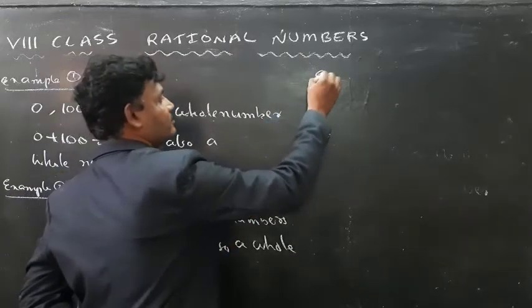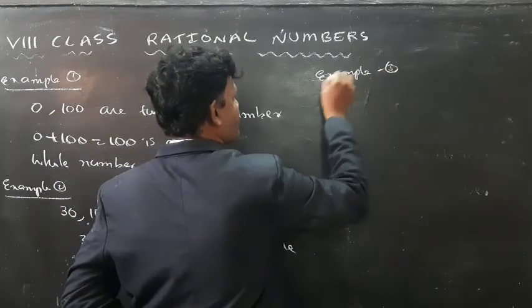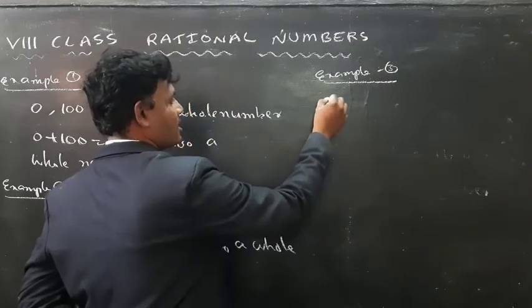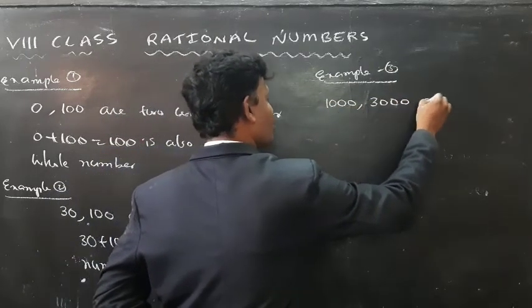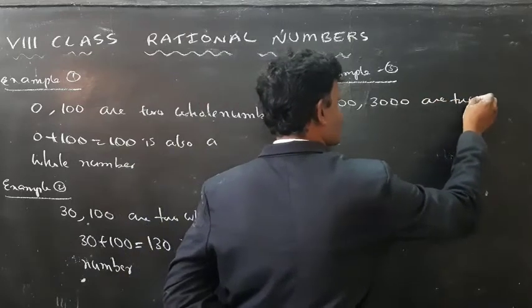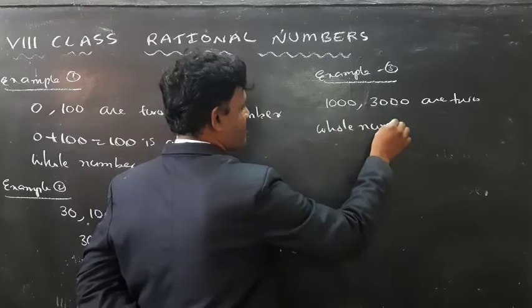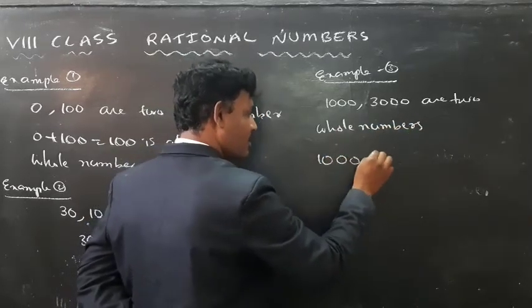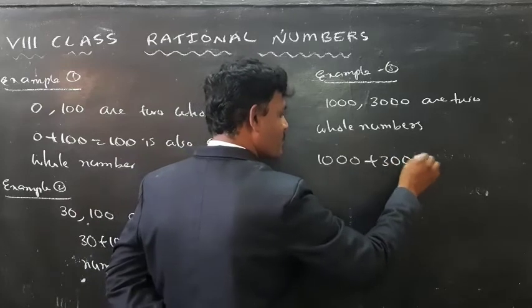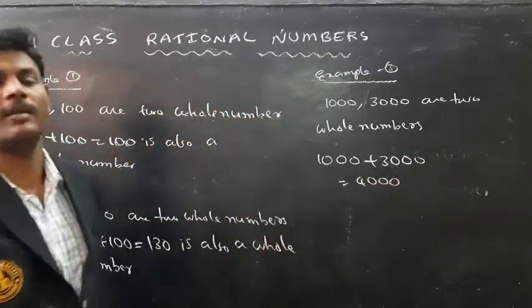Example 3. See here, 1000, 3000 are two whole numbers. Then the result of 1000 plus 3000 is equal to 4000. 4000 is also a whole number.